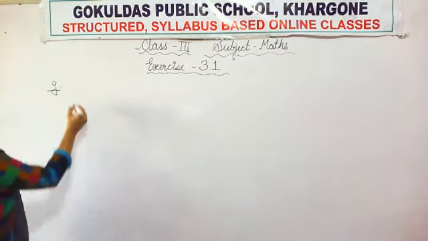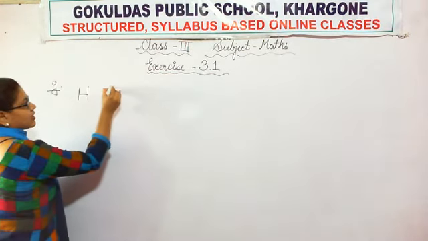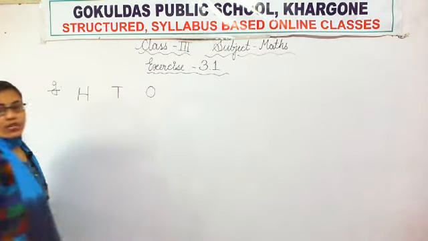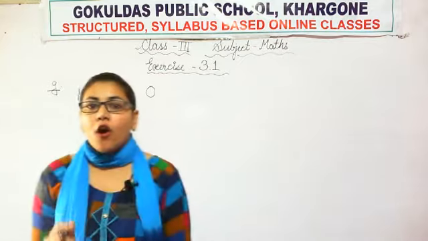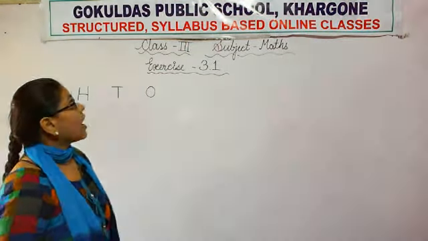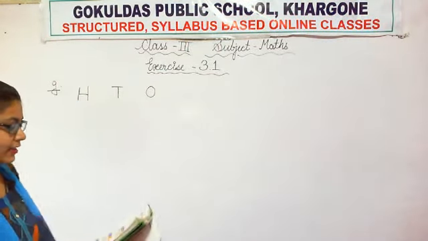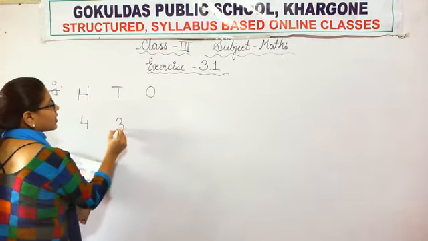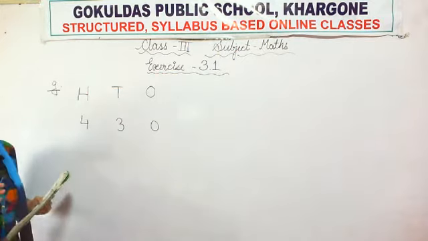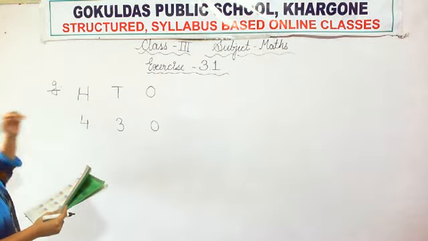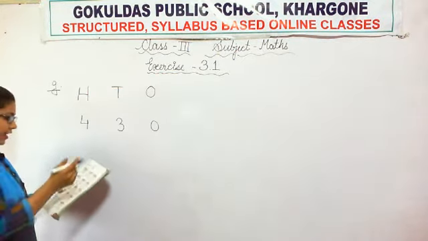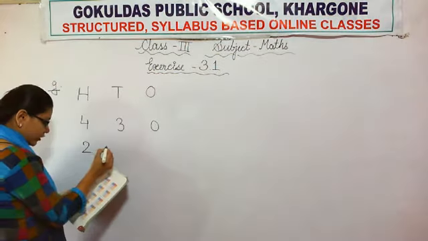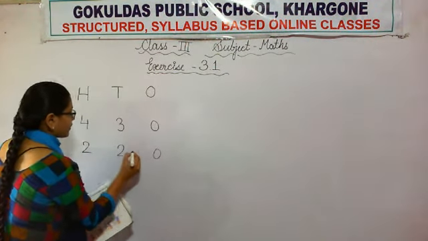First of all, we will write all the three places, ones, tens and hundreds. Now, we will write ones below ones, tens below tens and hundreds below hundreds. So, our minuend is 430, subtrahend is 220.